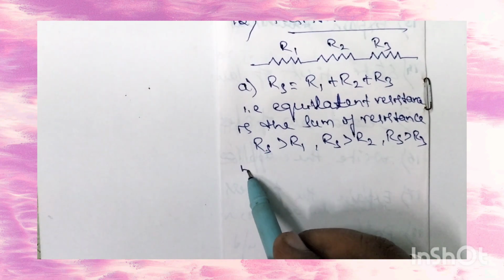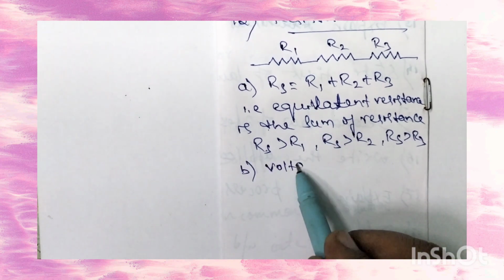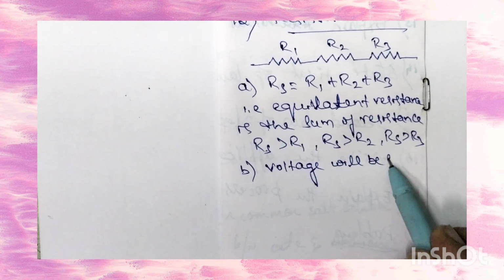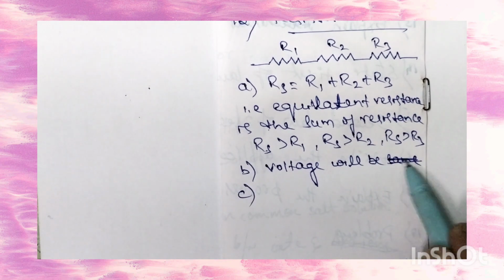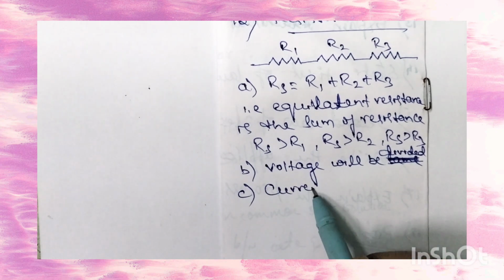Second, when resistors are connected in series, the voltage will be divided. Then the current will be the same.